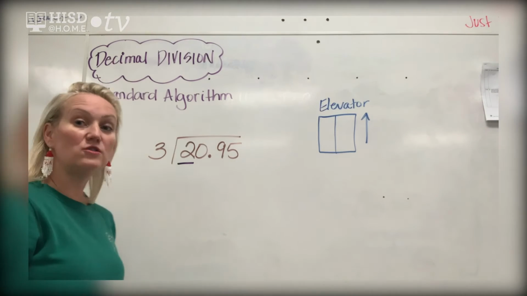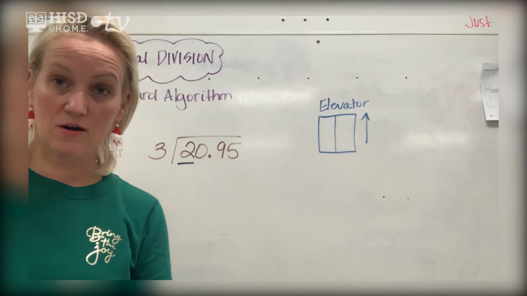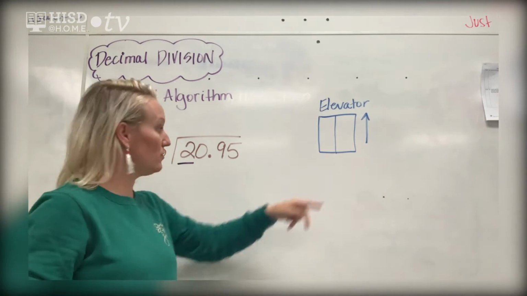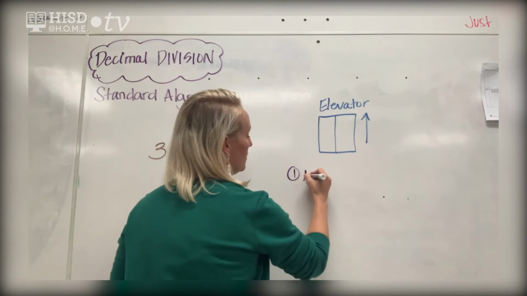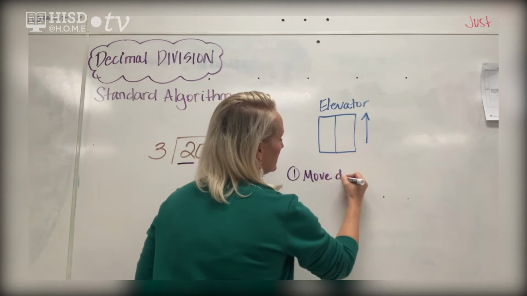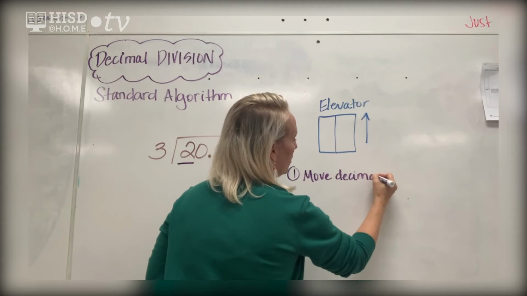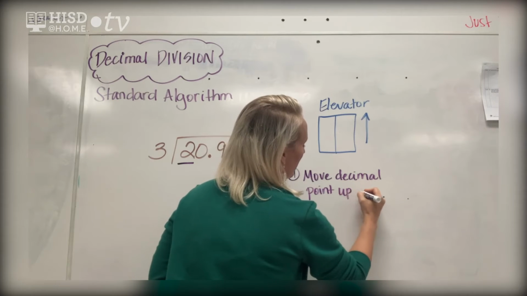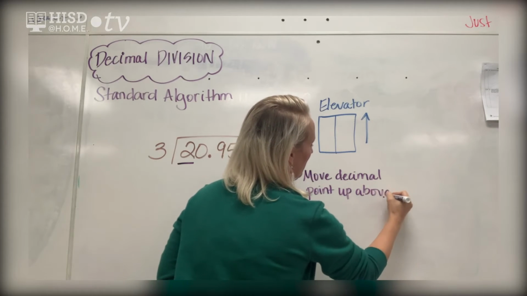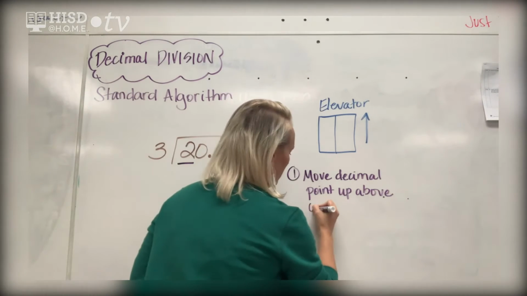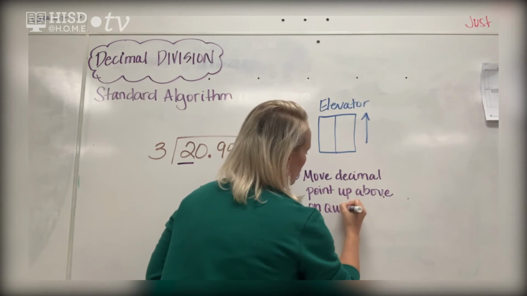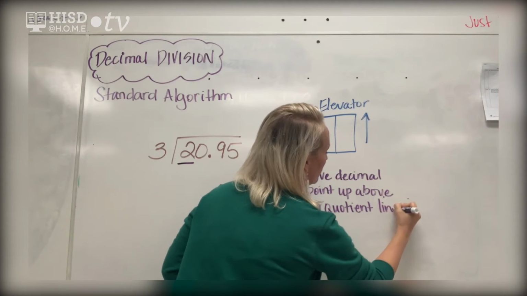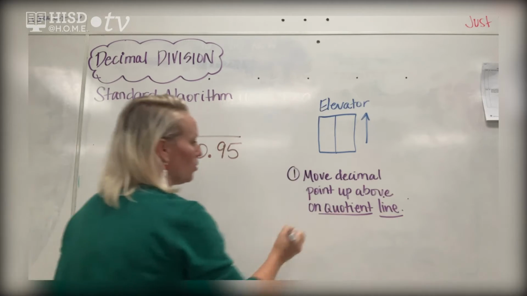Oh, I surely hope you would have stopped me by now if this was a real lesson. What did I forget to do? First thing you do is you move the decimal point up above on the quotient line. And what do I mean by quotient line?